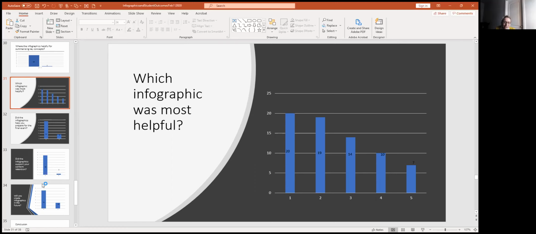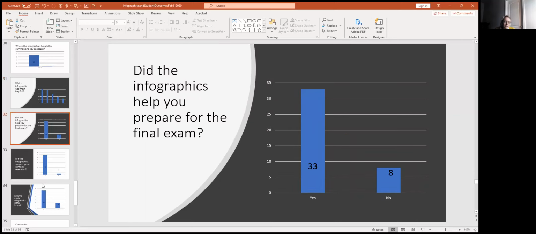What do they like better about the first and second than the third, fourth, and fifth? But a good takeaway is that not all infographics have the same value. You couldn't simply say infographics equal a positive learning experience. We would have to say students seem to enjoy infographics, and it does depend on infographic design.